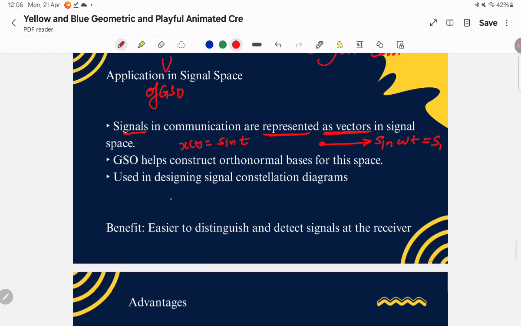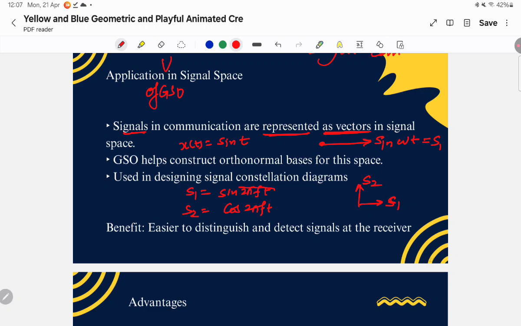Let's say we have two signals. The first signal S1 is sin 2 pi ft. The second signal is cos 2 pi ft. So S1 will be represented as a vector and S2 will also be represented as a vector.